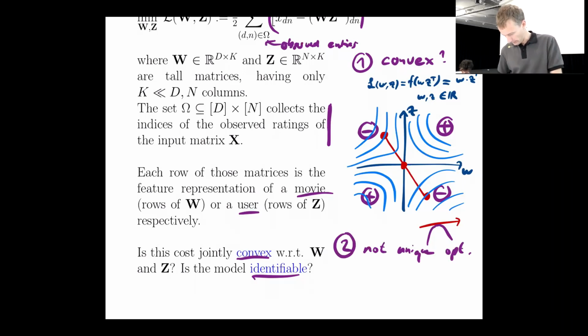Why is that? So what if I give you one optimum, W and Z? Can you give me a different point, a different pair of matrices which are still optimal? Any ideas?